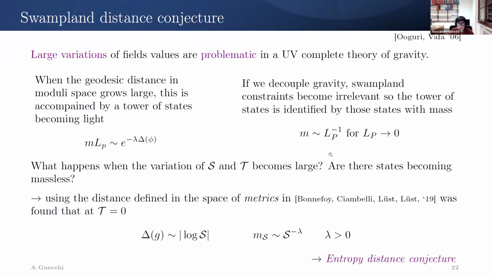And this has been quantified in the sense that it's always possible to show, in the examples studied, and this is a conjecture, that if we move an infinite distance in moduli space, there is an infinite tower of scalar fields that become massless exponentially in distance on the moduli space.